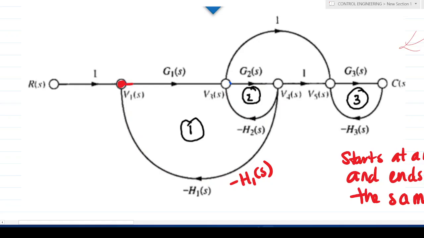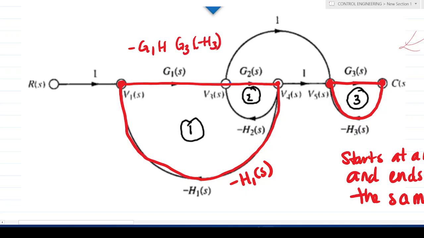Let's go G1, G2, and go down times minus H1. Now let's check this G3 coming down times minus H3. We can see that these two loops do not intersect. Therefore, we have found two loops that do not touch each other, and that is G1, G2 times minus H1 and G3 times minus H3.